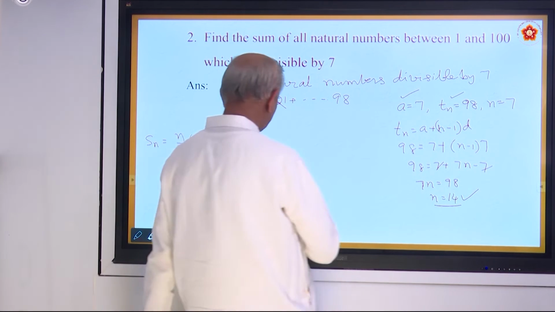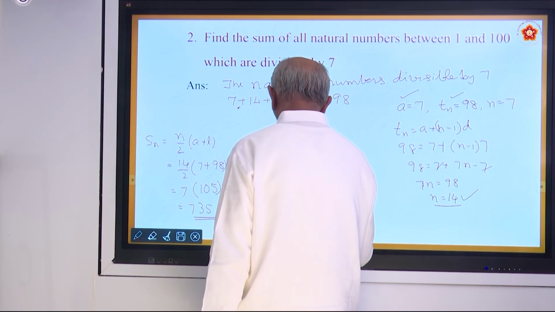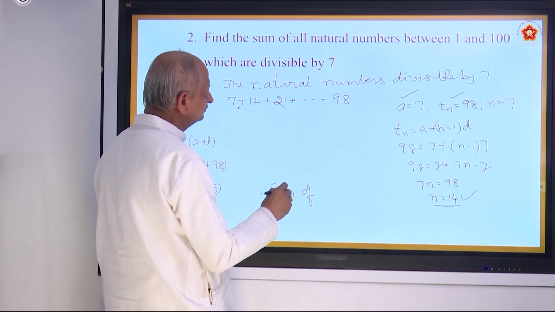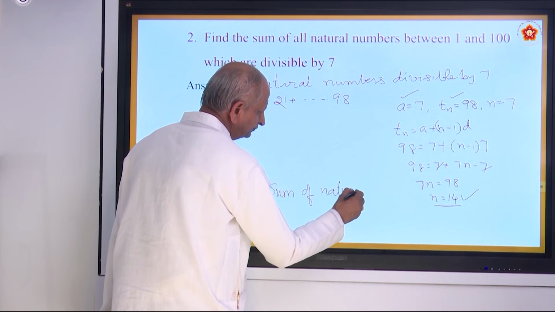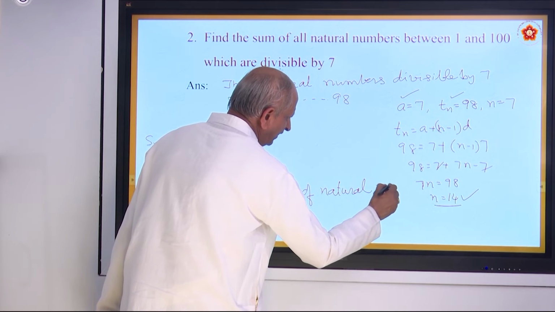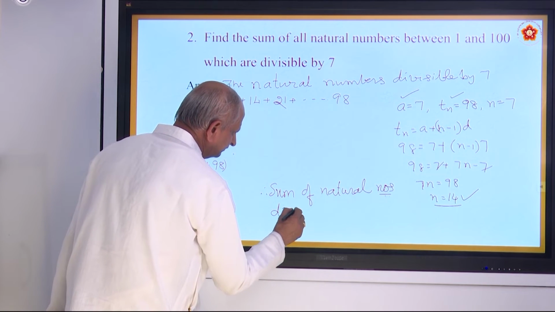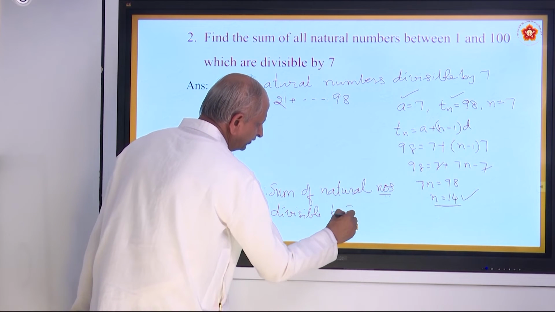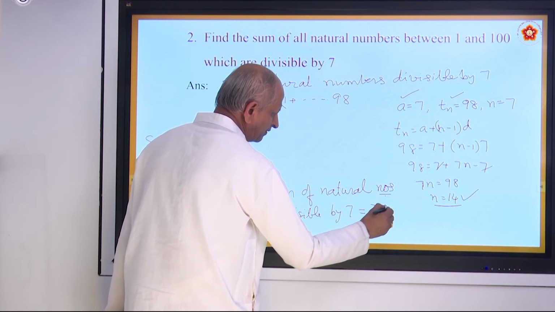So answer is, therefore, sum of natural numbers divisible by 7 is equal to 735.